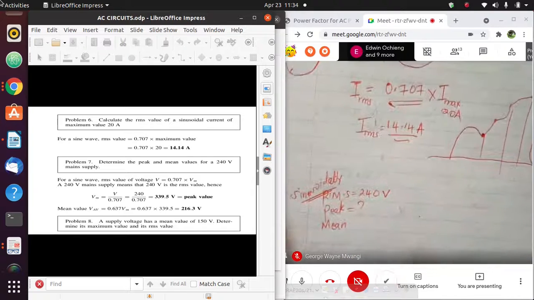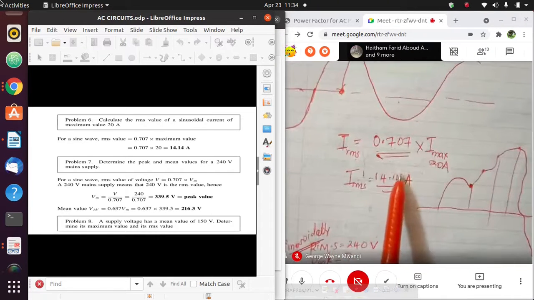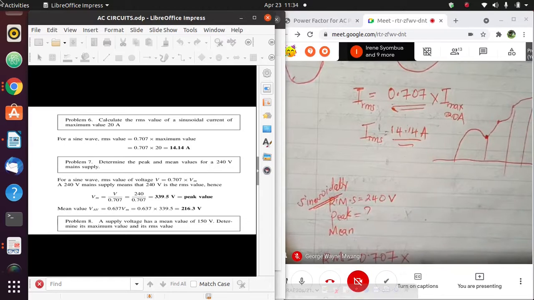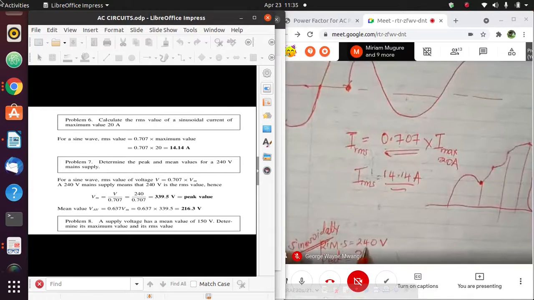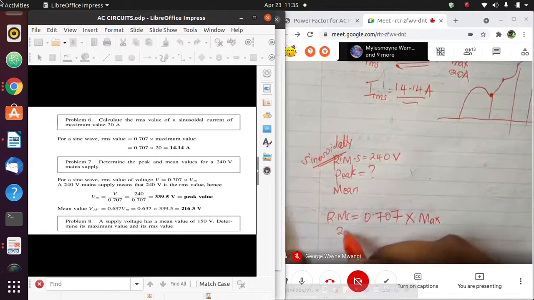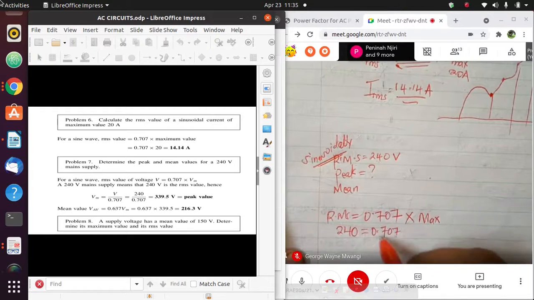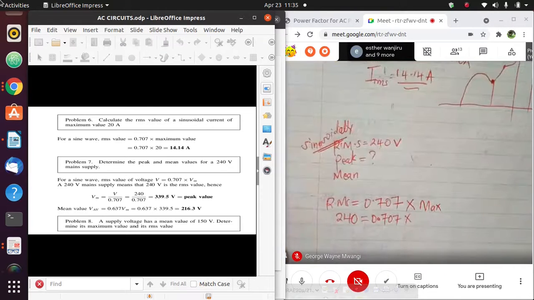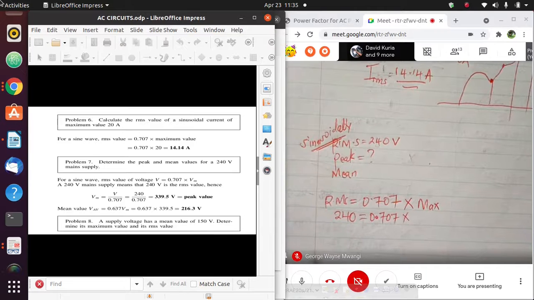So what is the peak value? Remember that, as in the example we are doing now, the RMS value, whether current or voltage, is given by 0.707 multiplied by the maximum value. In our example, the RMS voltage is 240 volts, which is equal to 0.707, the constant, multiplied by the maximum.